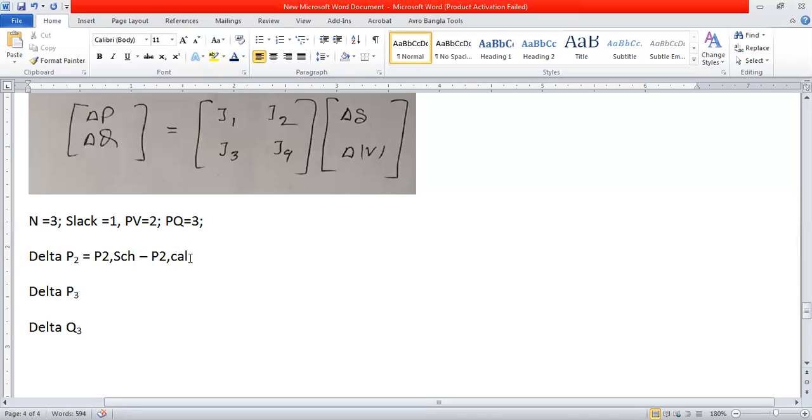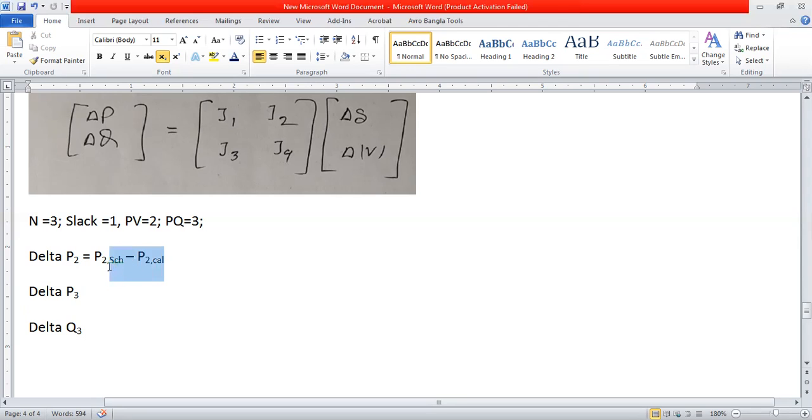So this is the equation: P2 scheduled minus P2 calculated value. Delta P2 means we have to subtract the calculated power of bus 2 from the scheduled power of bus 2. Then we can find the power mismatch matrix element.